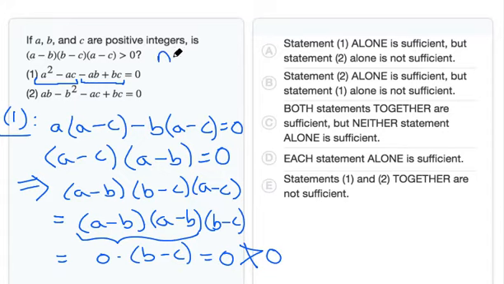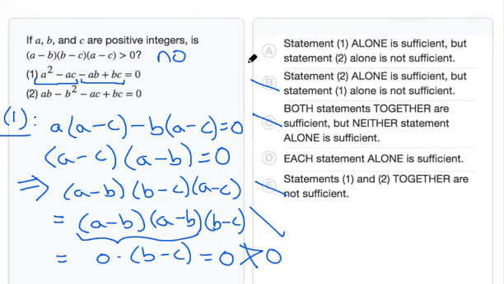Our answer to the question would be no. We can give a definitive answer. So even though the answer to this question is no, this statement is sufficient. We can eliminate some of the answer choices now: we can eliminate answer choices B, C, and E. That leaves us with choices A or D.